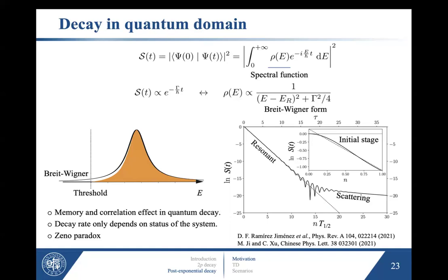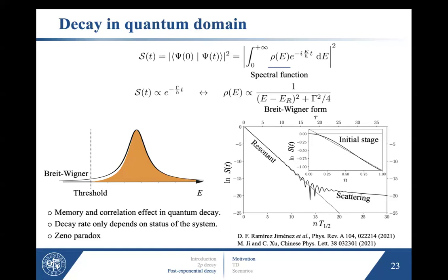And normally in theory, we think that this decay can be divided into 3 stages. The first is the initial stage, in which the system needs some time to prepare itself because the quantum decay has some memory and entanglement or correlation effect, so it knows the history.